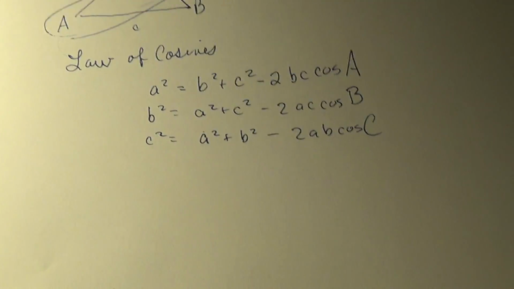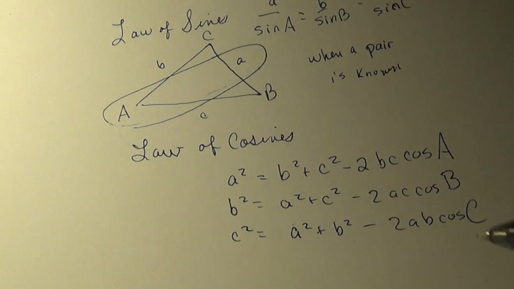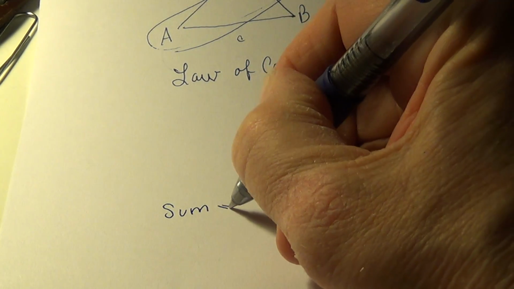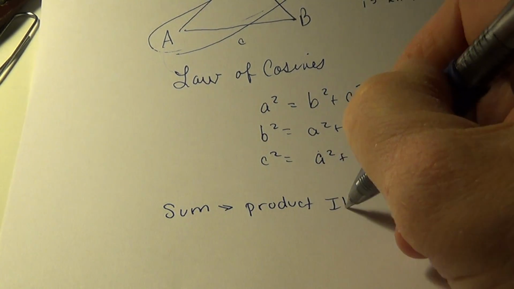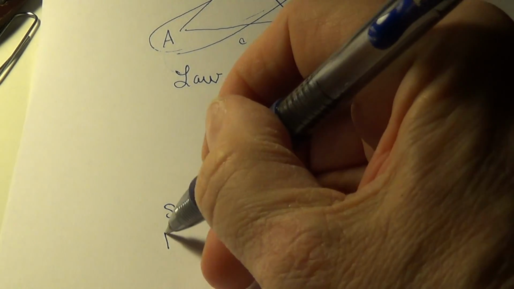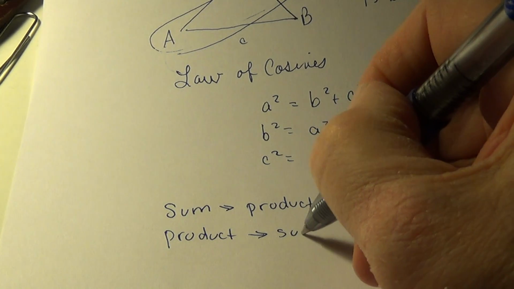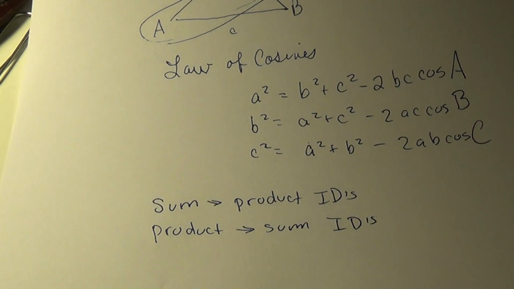Alright, so besides those 2 topics, we are going to have sum to product identities and product to sum. I'm not going to write those out.